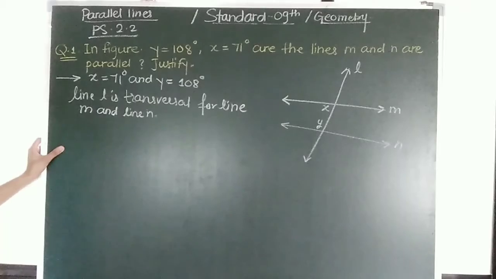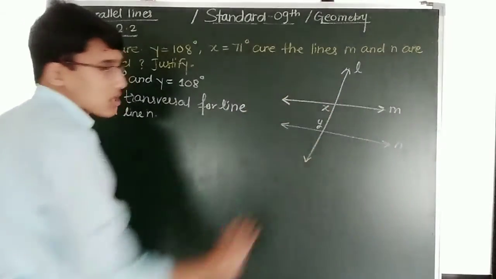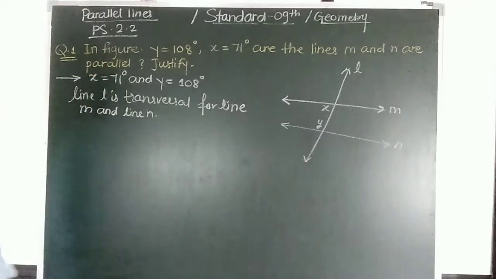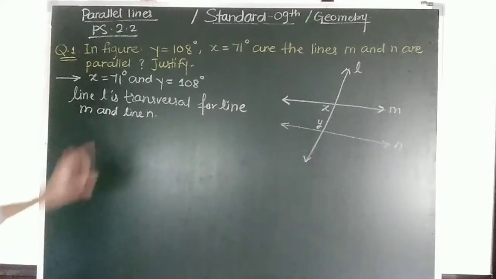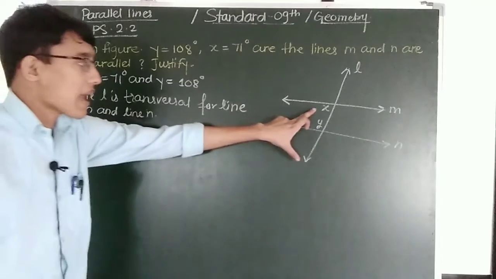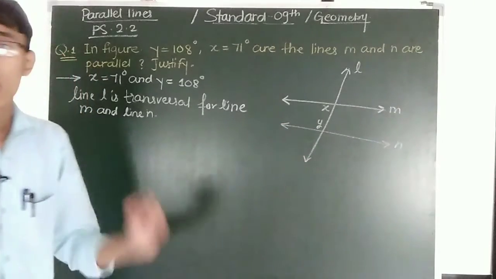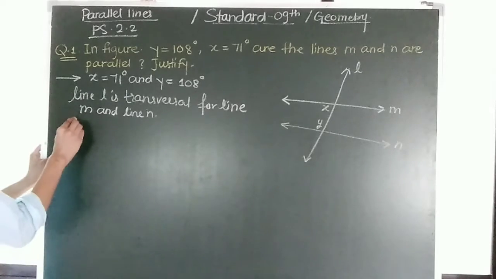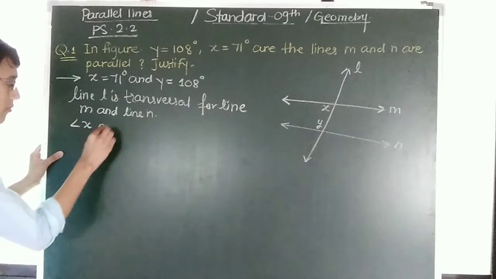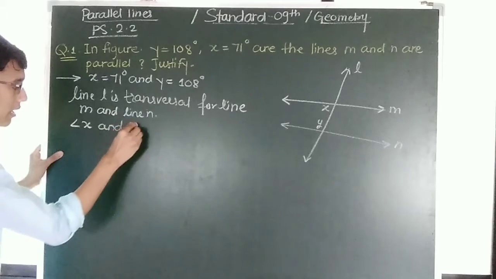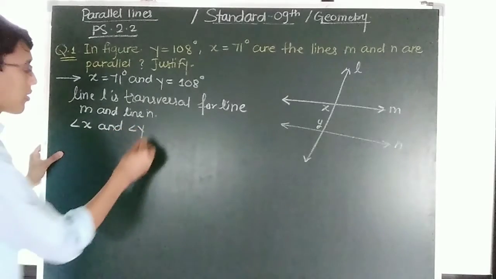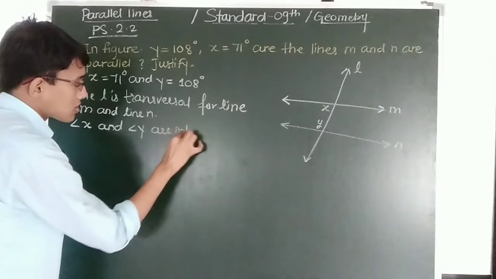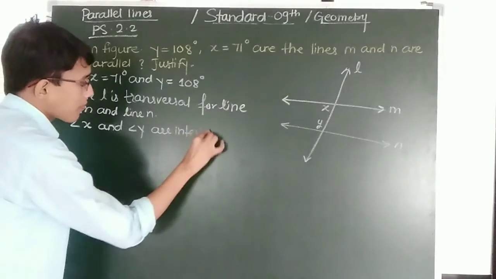So this particular line, that is line L, is a transversal for line M and line N. Okay. Now we can see that this angle x and y both are interior angles. Angle x and angle y are interior angles.